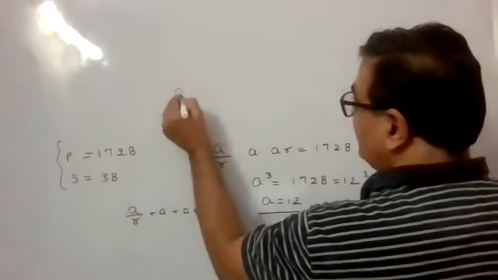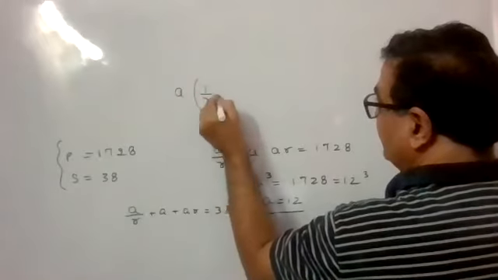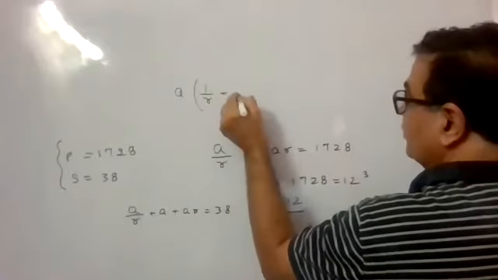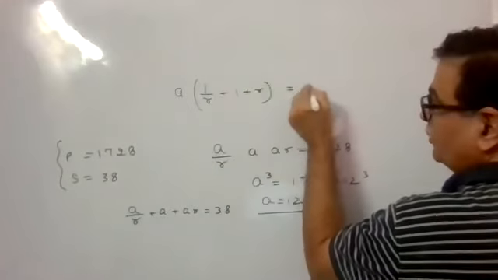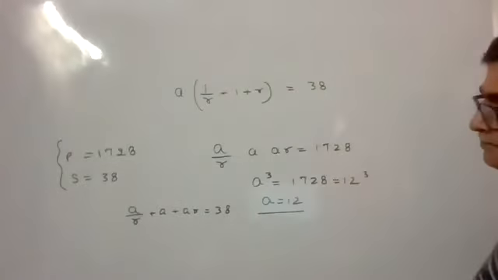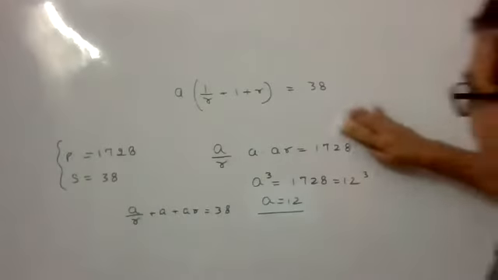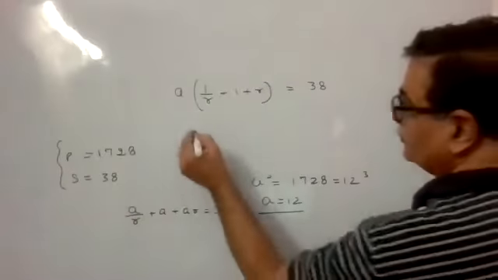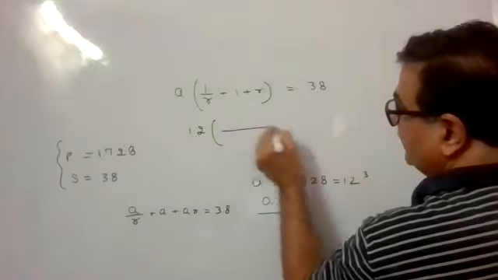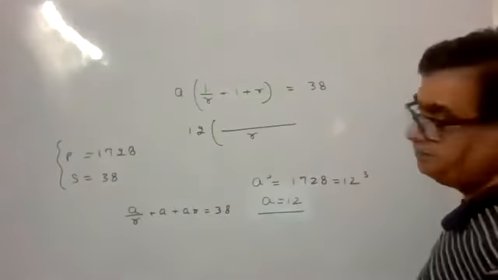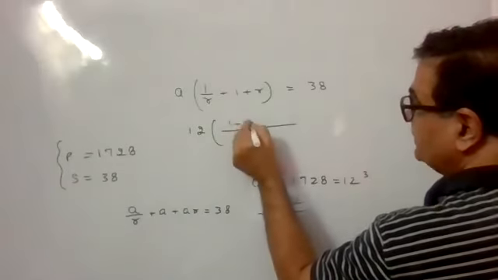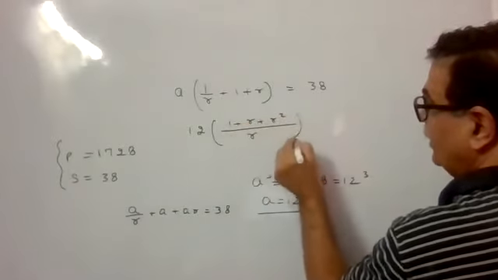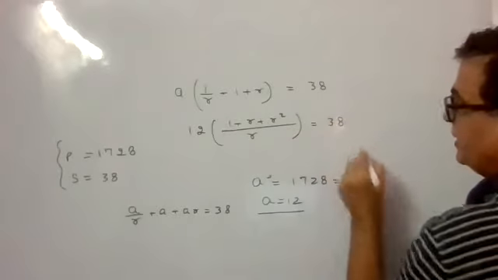So if I take A common, it will be 1 by R plus 1 plus R comes out to be 38. The value of A is already known as 12. So I'll say 12, LCM is R, 1 plus R square is 38.